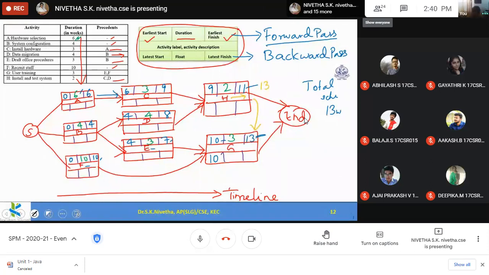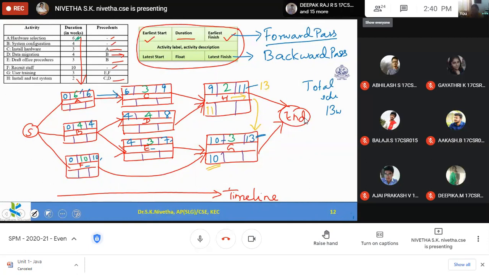So I can start this even delayed, in the 11th week, so that H is also getting completed during the 13th week. That is the final duration for the total project. So latest start for H is different, but latest start for G is not different.